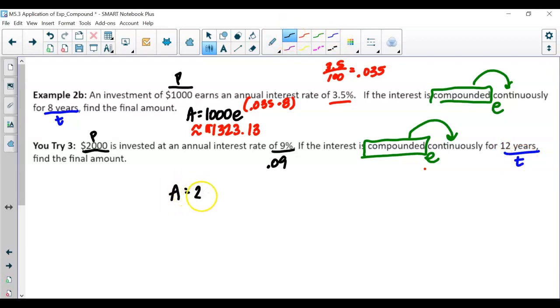So A is equal to 2,000 times E, raise that to the rate times time power. Then you should have gotten approximately $5,889.36 with rounding.